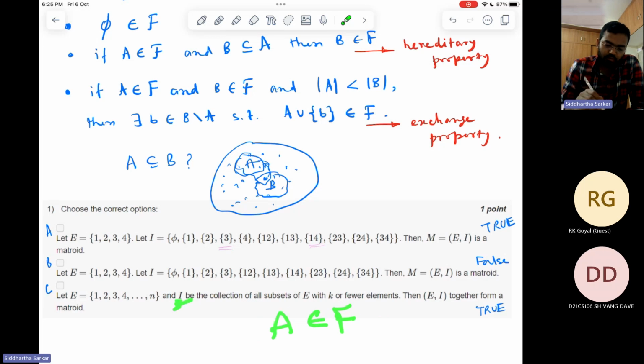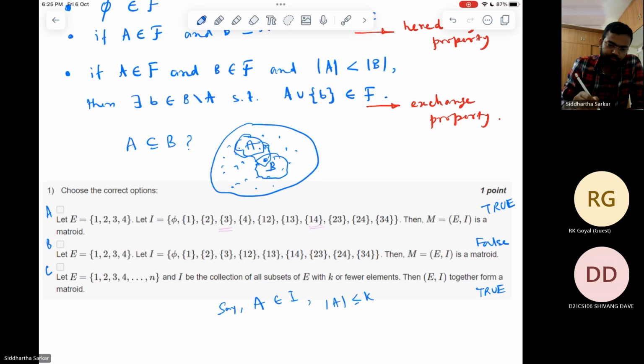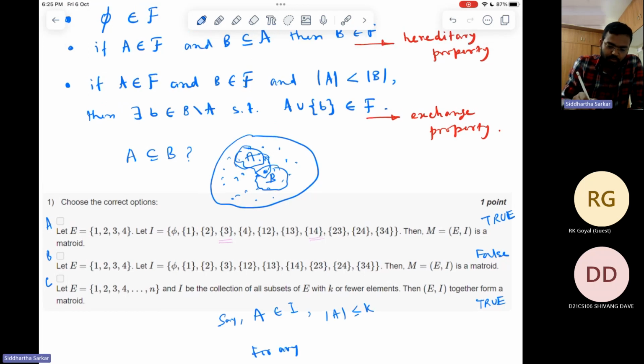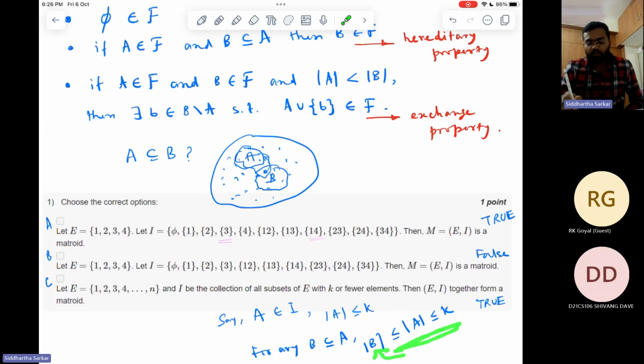Suppose A is part of the family, then it means that the cardinality of A is less than or equal to K. So for any subset B of A, the cardinality of B is definitely at most the cardinality of A, which is again less than or equal to K. So B is definitely in the family because the cardinality of B we have shown is less than or equal to K. So the hereditary property is satisfied.